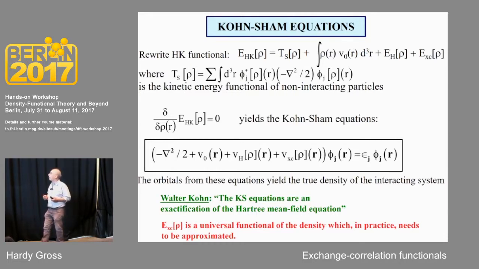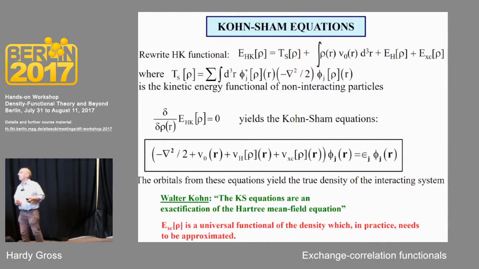Right? So the V0, the external potential that characterizes that system, there's no dependence on that here. V0 is here, but not here. So it's one and the same functional for all systems. For the hydrogen molecule, for the graphite crystal, for a sodium cluster. One and the same functional, just one functional.